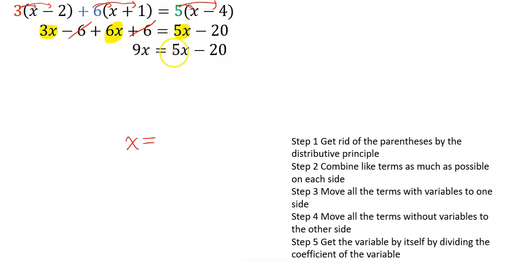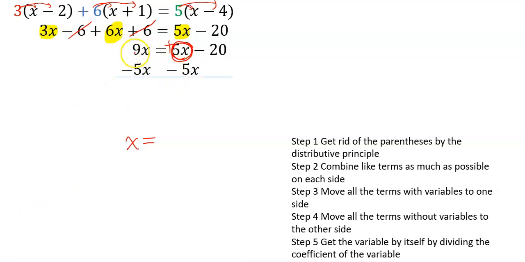Because the sign in front of 5x is plus, again not between 5 and x, where it's multiplication, but in front of the whole term 5x, we have to do the opposite of plus, which is minus. Whatever we do to one side, if we take $5 away from the right-hand side, we also have to take $5 away from the left-hand side to keep the scale balanced.